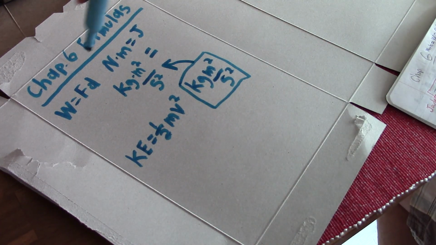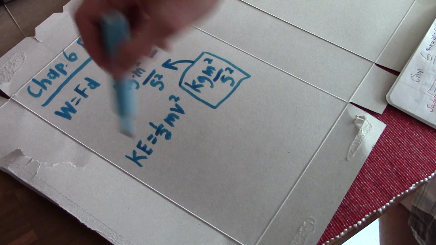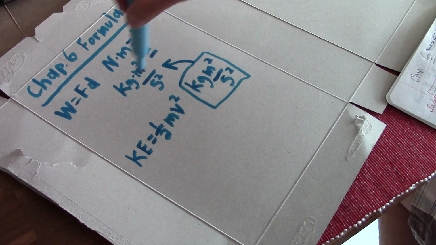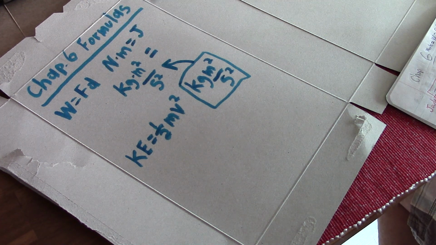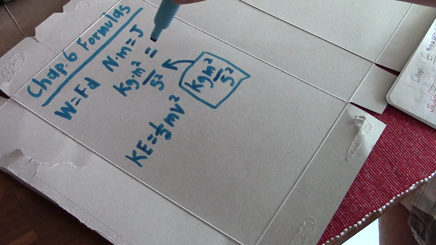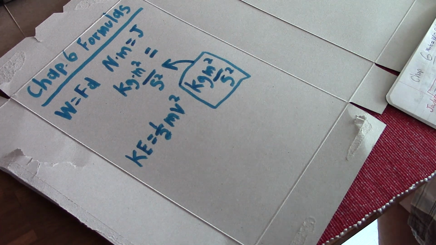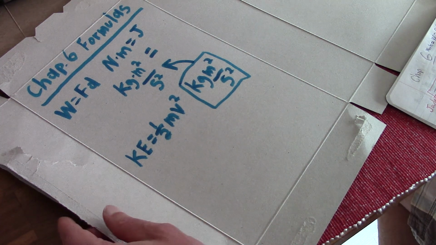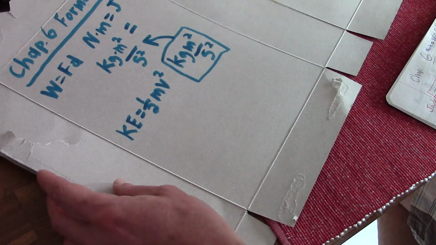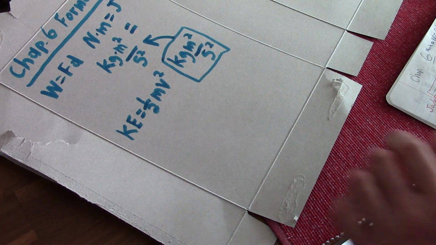Voila! Okay? Yeah, so work and energy, right? We use it slightly different, but it's an equivalent phenomenon. Kilogram meter squared per second squared. Okay. Now let's look at potential energy. Okay, potential energy.